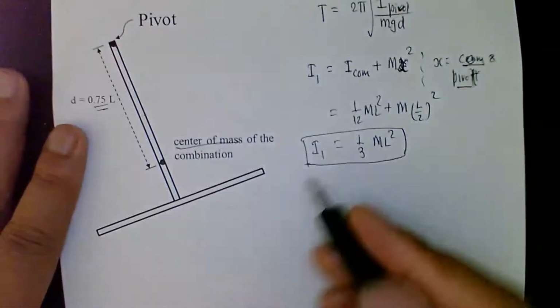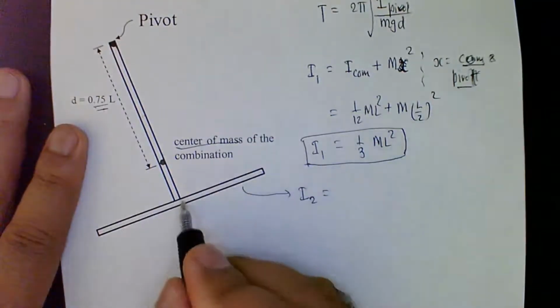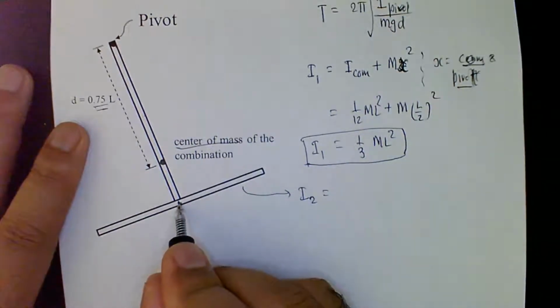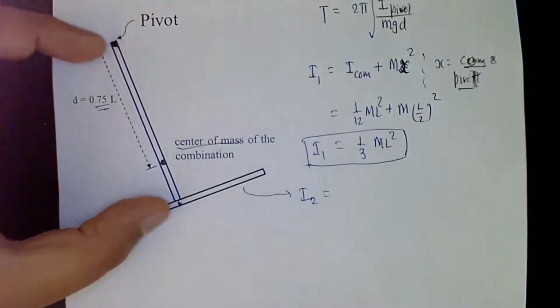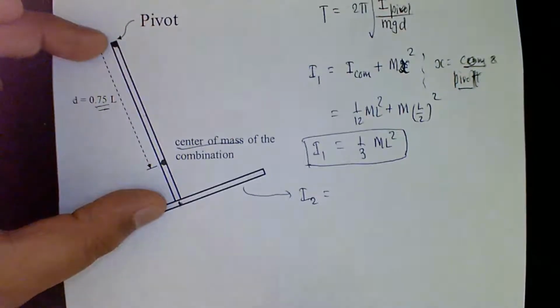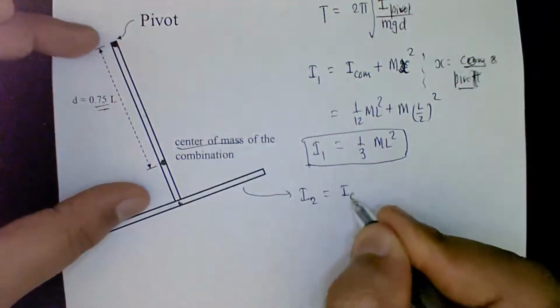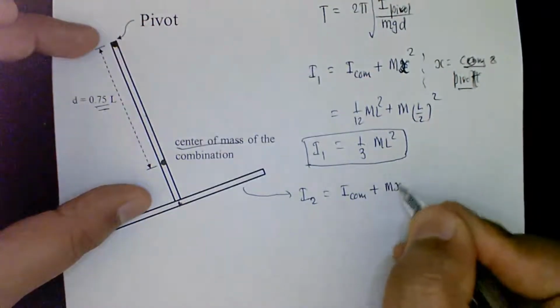And for the second rod, similarly, the moment of inertia about this point. First, this is the center of mass. Moment of inertia about this, and you have to shift the axis by this distance. So this is all about shifting the axis using the parallel axis theorem. It's the moment of inertia of the second rod about the center of mass plus m x square.